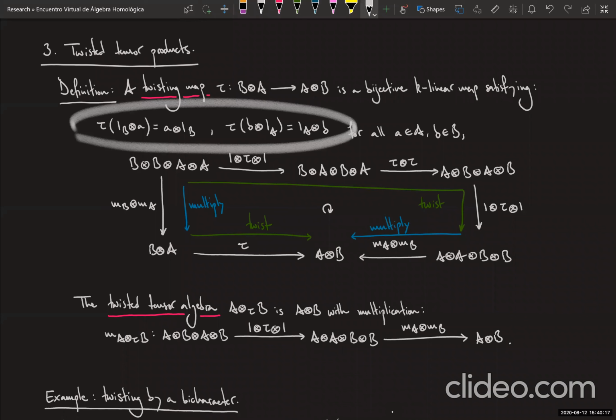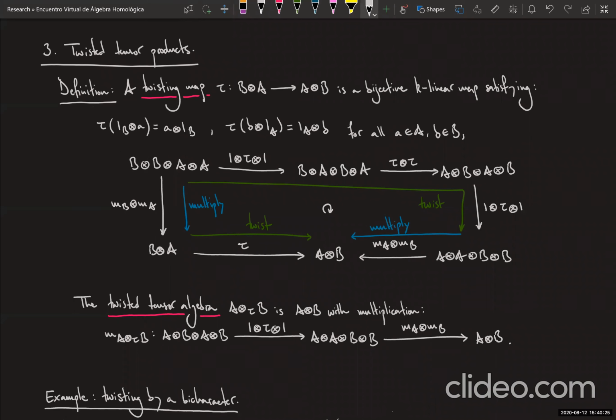So we can just twist the unit of B past any element in A and twist the unit of A past any element in B, and we recover what we originally had. And then we want to impose some compatibility conditions for the multiplication of the algebras A and B together with the twisting map tau. And this is what the commutativity of this diagram is doing. So we are asking that first twisting and then multiplying, that's going clockwise, is the same thing as first multiplying and then twisting, which is going counterclockwise.